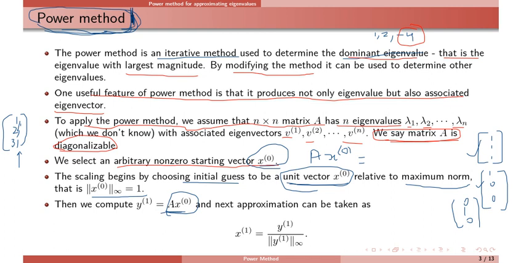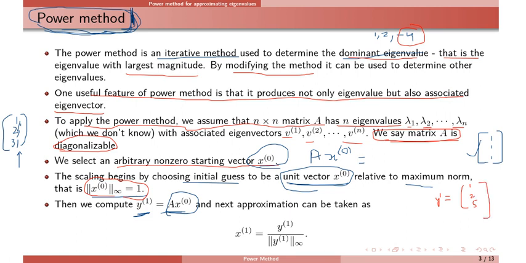So you get a column vector which is y1, and this y1 may not have the same property as x0. What was the property of x0? Norm of x0 is 1. Maybe you got y1 equal to, say, 1 2 5.